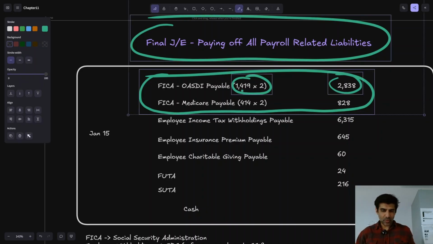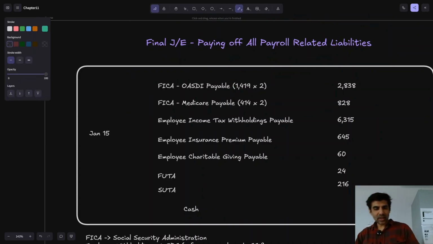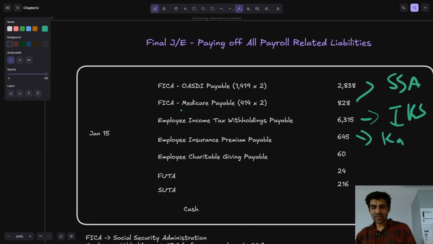So basically, what is happening here? There will be one check. These are going to go cash to the Social Security Administration. This is going to the IRS. Employee insurance premium payable, this is going to Kaiser.